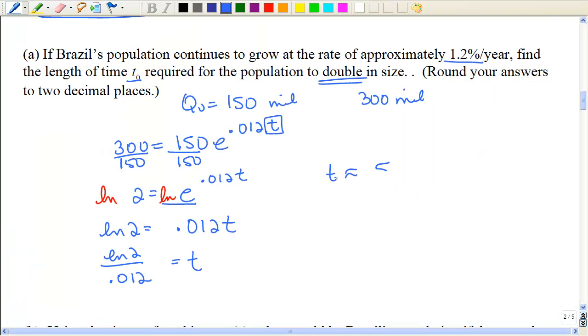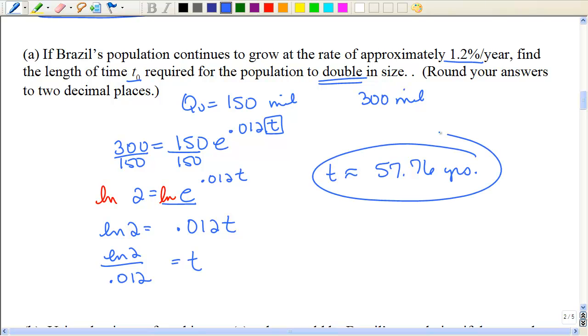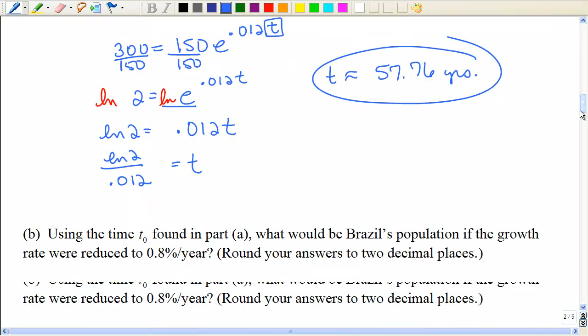And so you would get T to be approximately 57.76 years. So it would take that long to double Brazil's population.